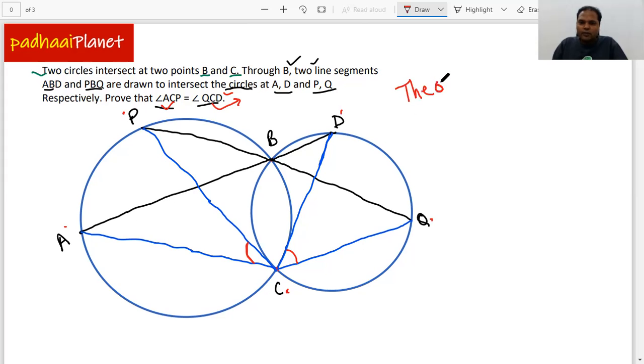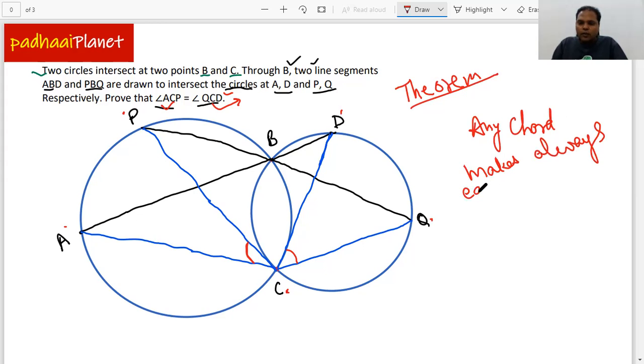And that theorem is that any chord always makes equal angles in the same segment.